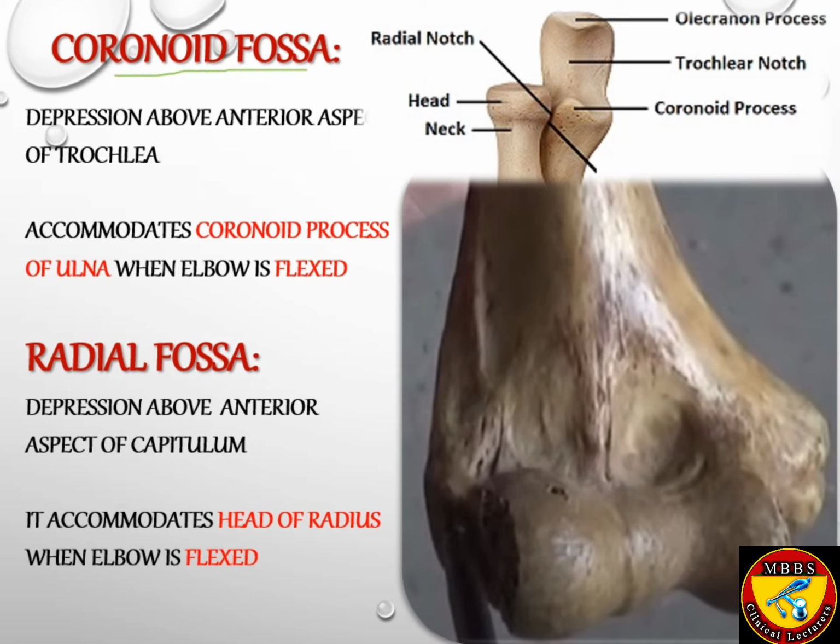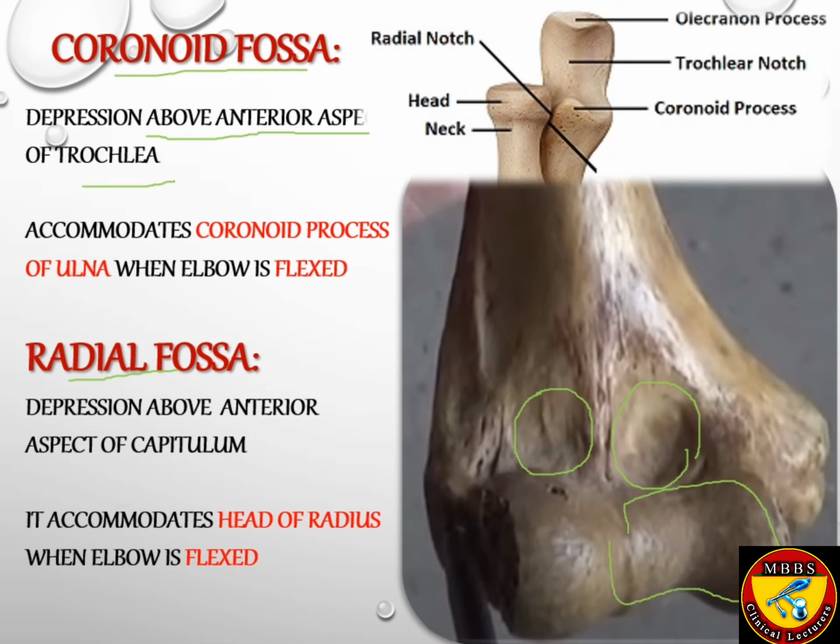Coronoid fossa and radial fossa. Now the coronoid fossa, this is the coronoid fossa. This is the radial fossa. It is a depression above the anterior aspect of the trochlea. This is the trochlea.